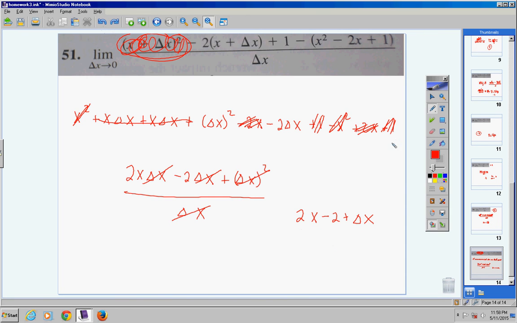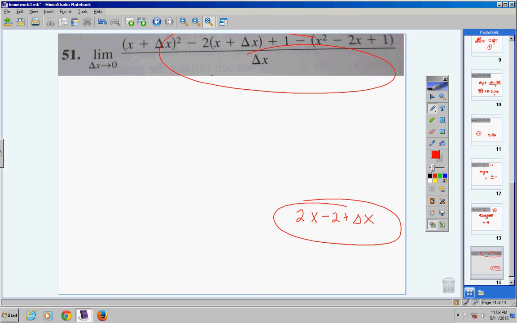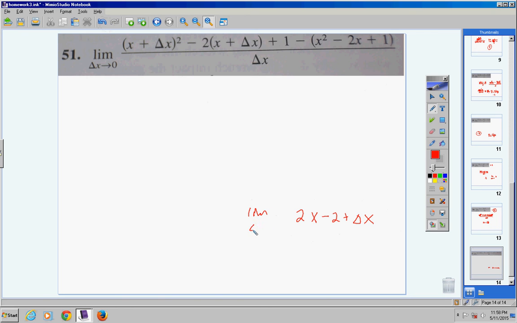Now, I've taken this entire original expression right here and simplified it all the way down to this right here. So now I'm going to take the limit of this expression as delta x is approaching 0. So everywhere there's a delta x, I'm going to put 0, which would be right here.